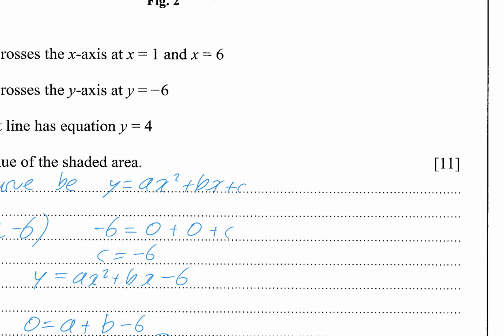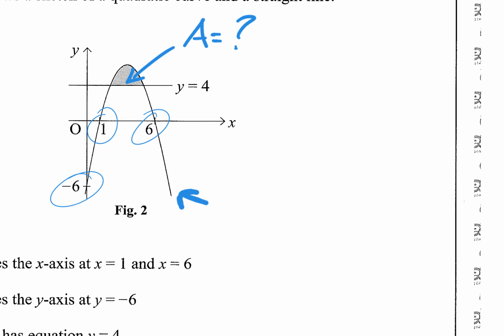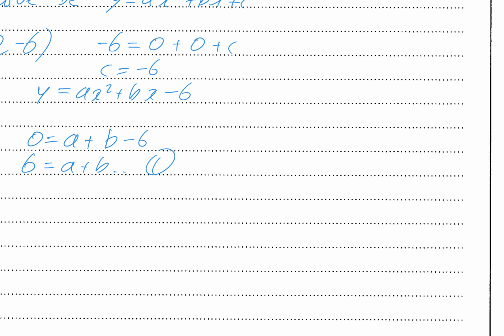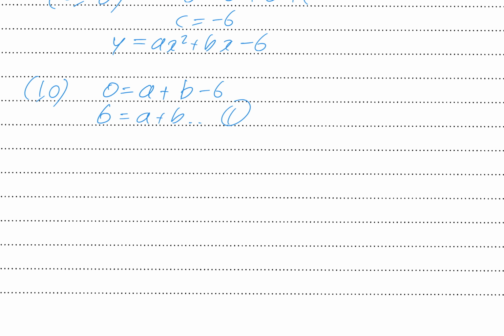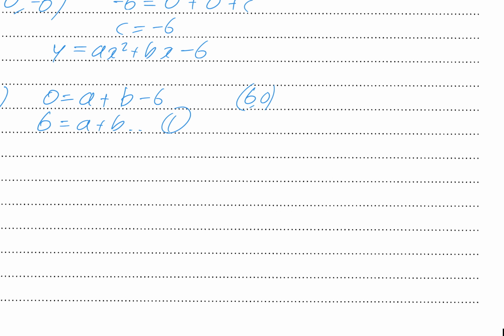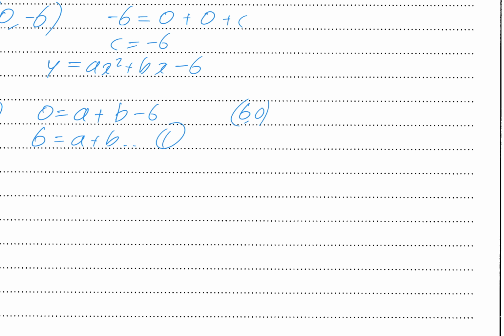And then the other one was when x equals 6, y equals 0. So that was 6, 0. I'll just put that in. So putting that in, you're going to have then 0 equals a times 6 squared, that's going to be 36a, plus b times 6, so 6b, and minus 6.